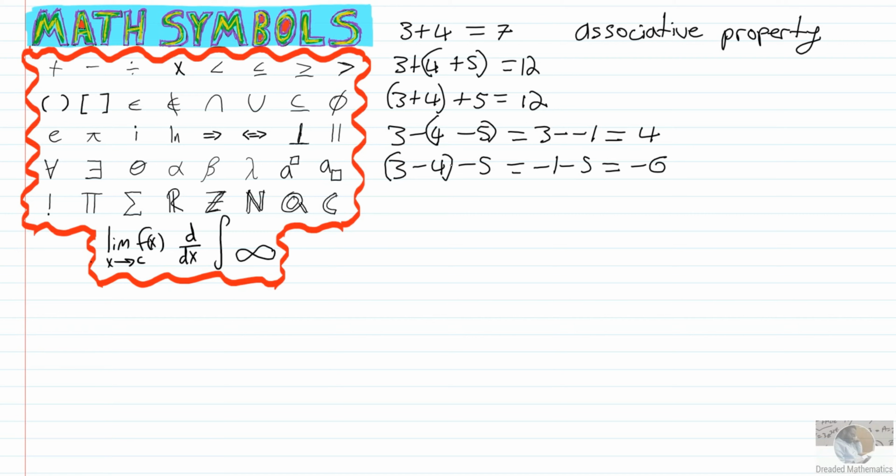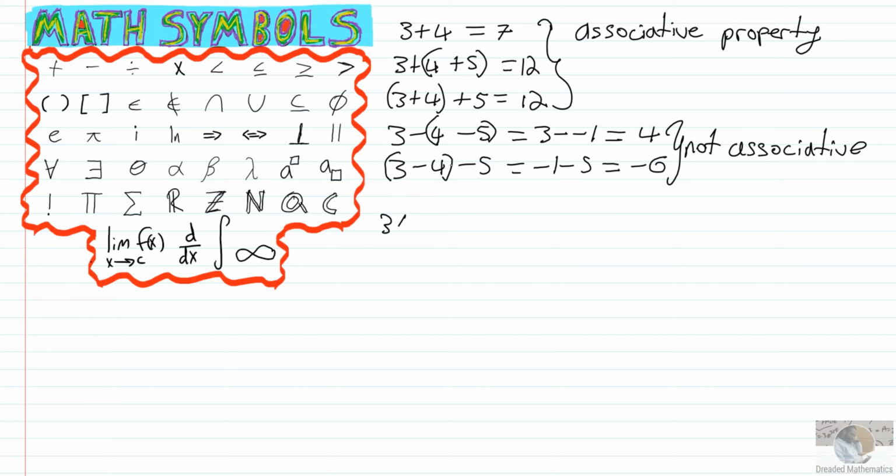Minus is not associative. Addition is. Right? Addition is associative.